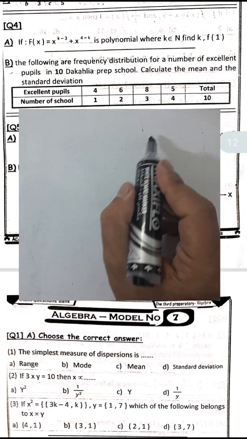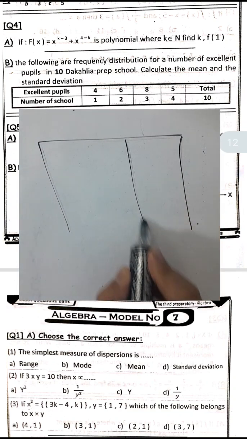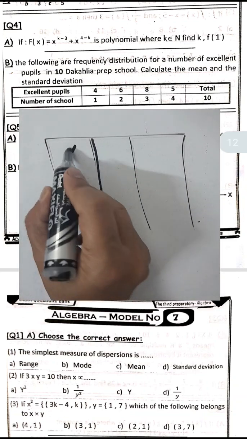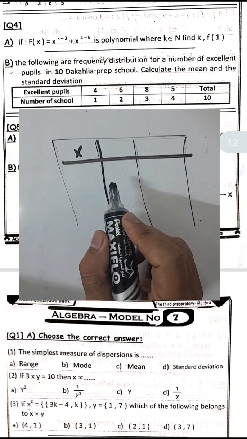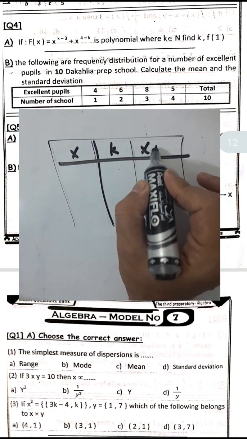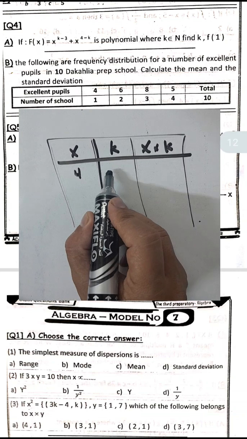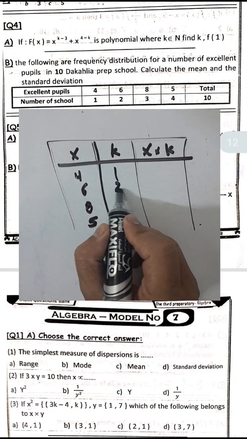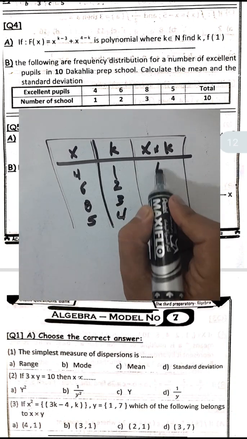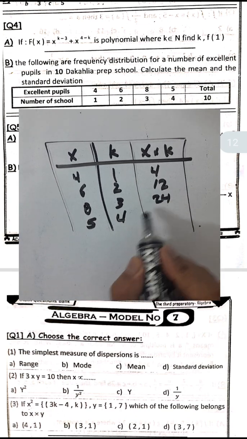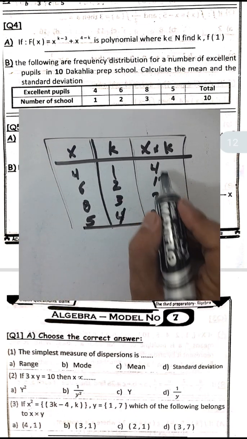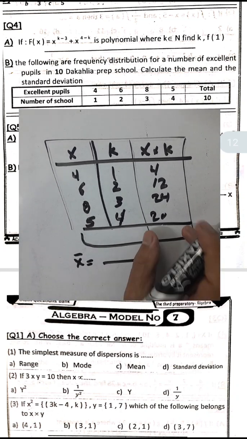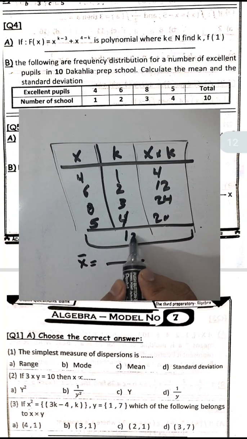We will draw a table here and write x, the numbers 4, 6, 8, 5, and k equals 1, 2, 3, 4, and x times k. 1 times 4 equals 4, 2 times 6 equals 12, 3 times 8 equals 24, 4 times 5 is 20. Then we divide the sum of x times k by the sum of k, which is 10, to find x bar.